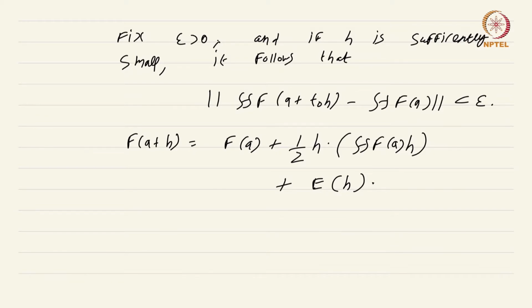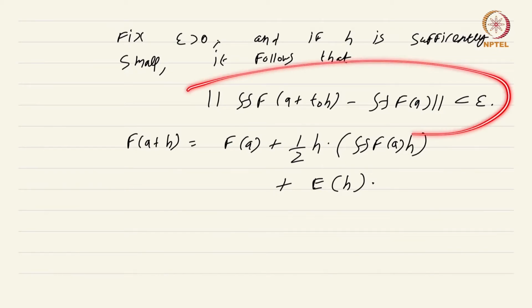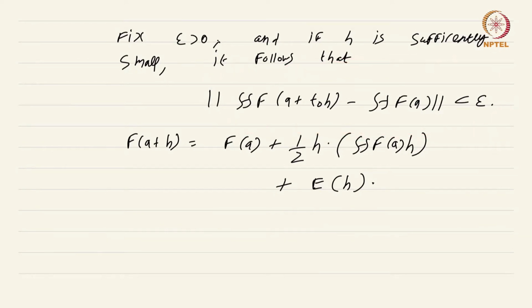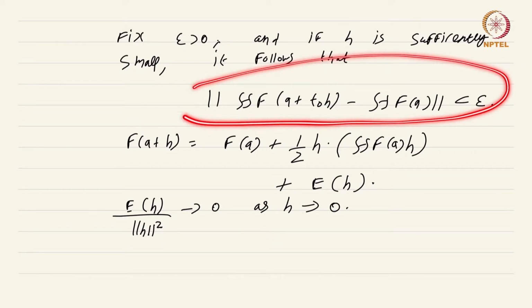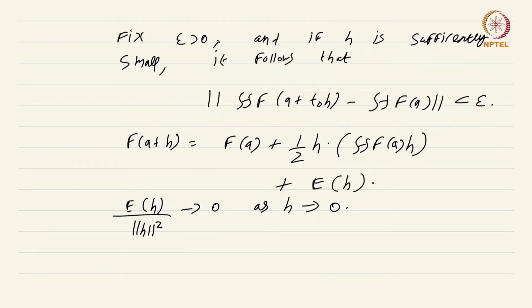But since we have chosen h sufficiently small such that this inequality is true, you can easily check that E of h will be sublinear. What I mean by that is, E of h by norm h squared goes to 0 as h goes to 0. This error term is quadratic because of this inequality.